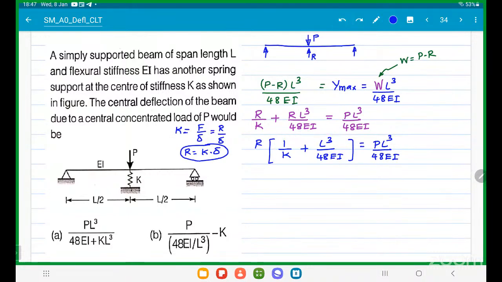Only K is common. So R into 48 EI plus K L cube by 48 EI K is equal to P L cube by 48 EI.